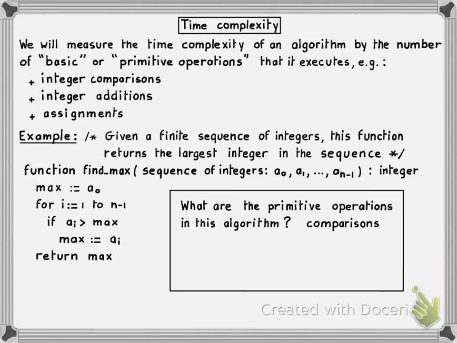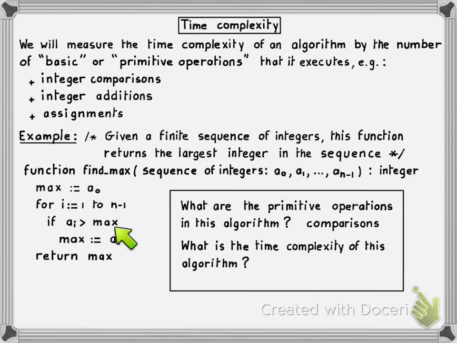So now that we've chosen the type of the primitive operations we're going to count, we actually need to count them to determine the time complexity of this algorithm. So notice for every iteration of the loop, there is first a comparison performed here at the top to make sure that i is less than n minus 1. So that's one comparison here, a second comparison here.